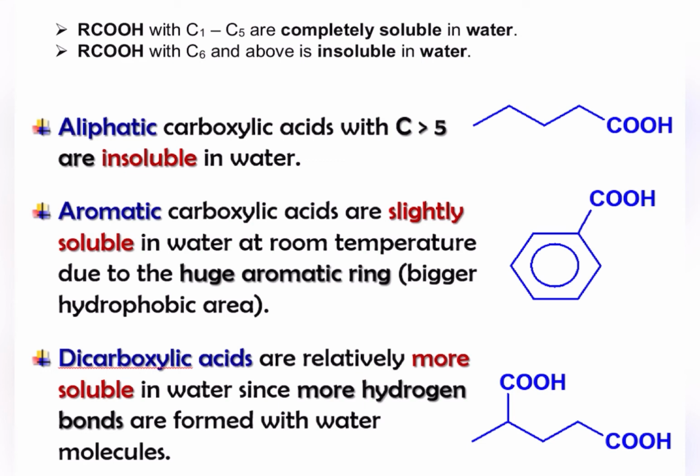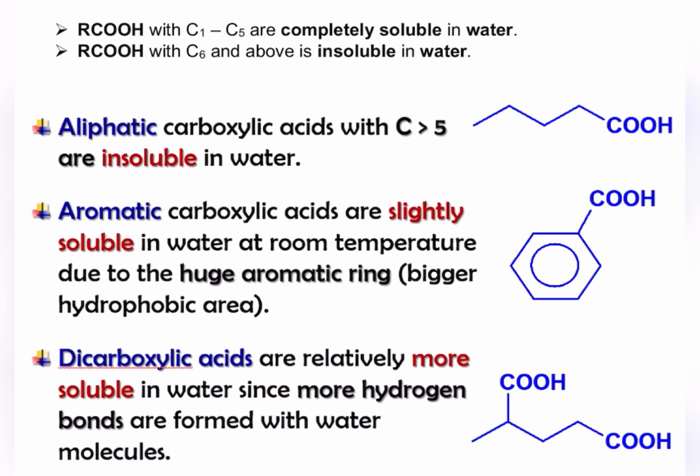But carboxylic acids with six carbon atoms and above are quite insoluble in water. Why does this happen? Because aliphatic carboxylic acids with more than five carbon atoms are insoluble in water.